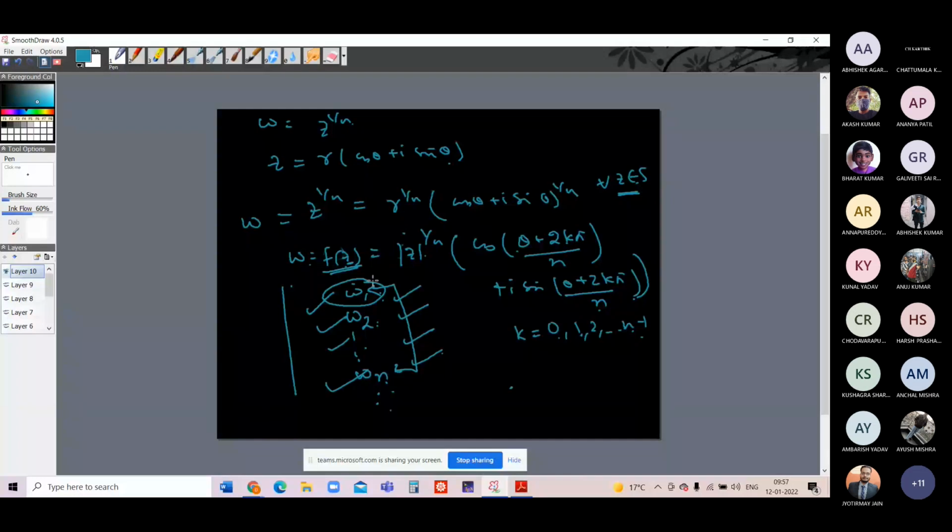So if we restrict the domain, this multi-valued function will behave like a single valued function.